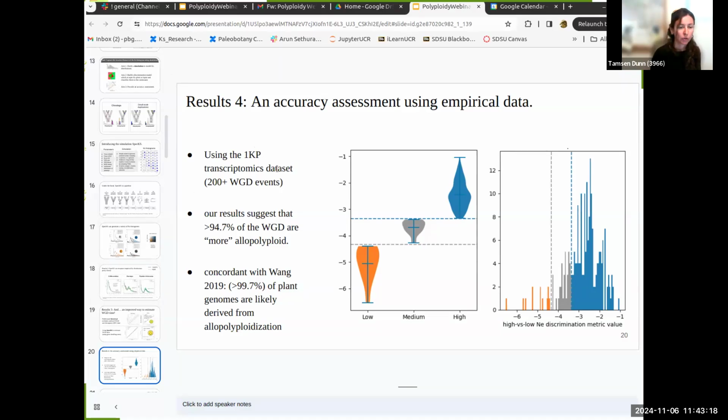We took over 200 whole genome duplication events that have been detected in the 1KP data set and classified them, given our model, to see if they were more or less allopolyploid, depending on how diverse the parental species were. We saw that about 95% of them seemed to have quite diverse parental species, and that was concordant with Wang et al. from 2019, who saw that it seemed like most plant genomes were likely derived from allopolyploidization.